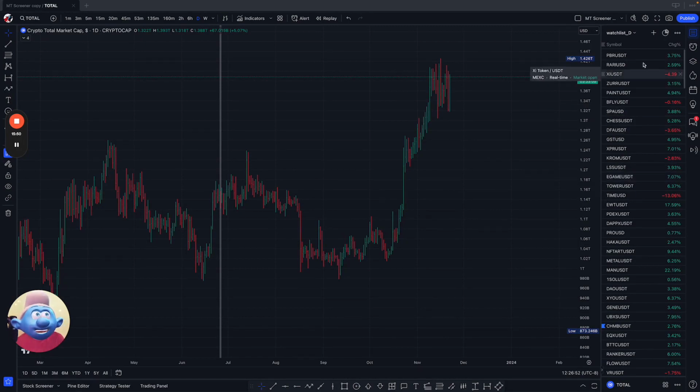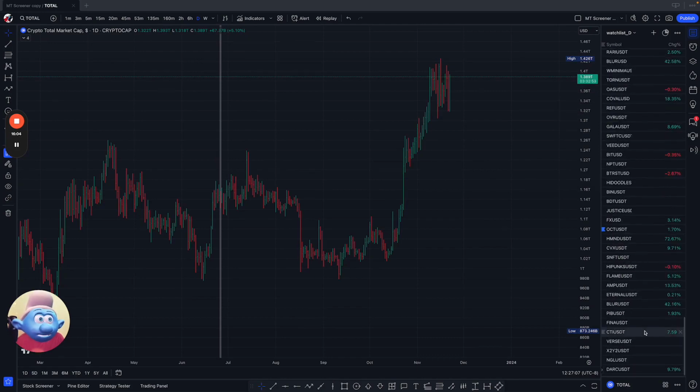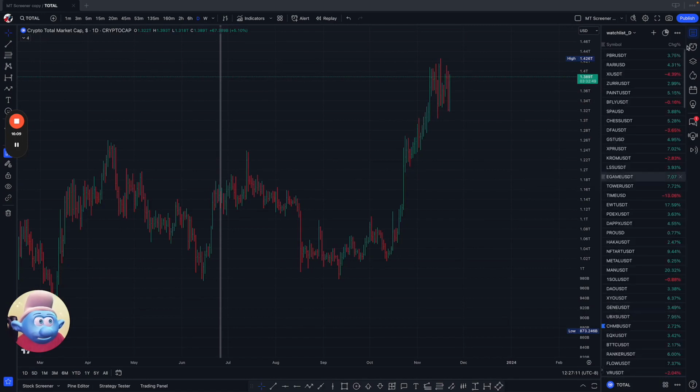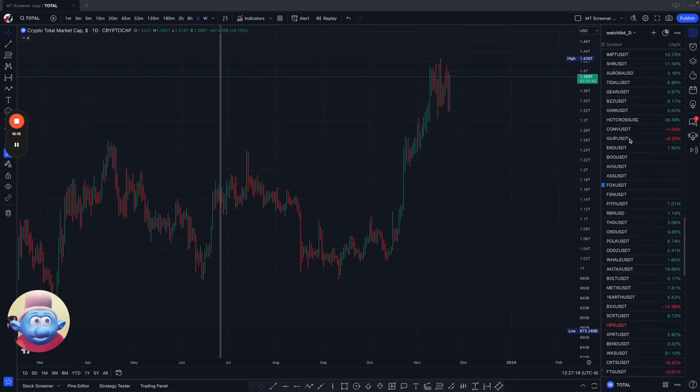They're sorted by which assets have the highest momentum, or like momentum rank. So symbols that are up near the top will have higher momentum than symbols all the way at the bottom. So ideally, you'll be focusing on the higher half of the list.